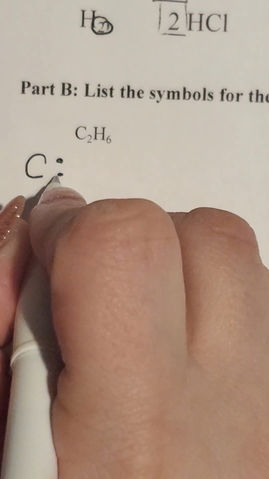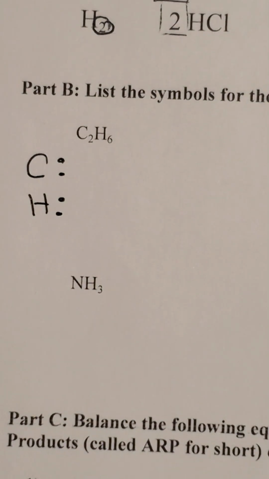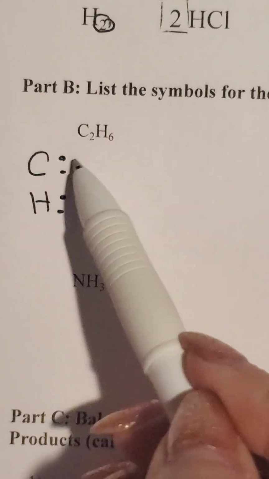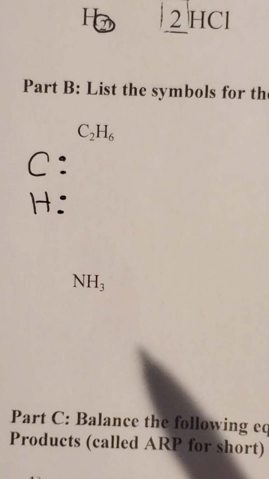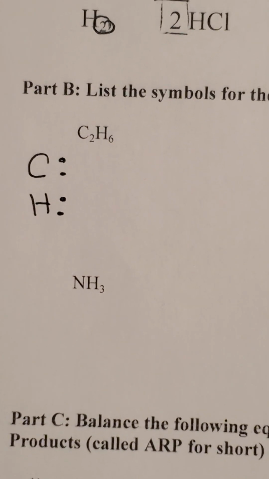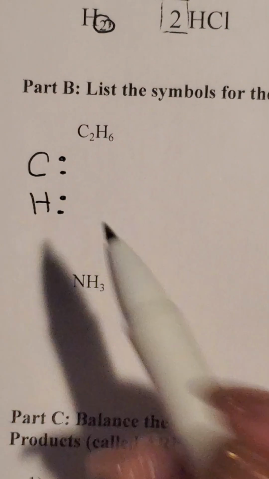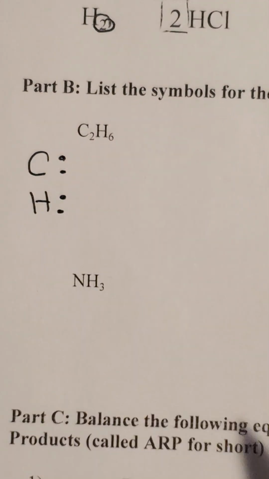Let's list out. We have carbon, C, and we have hydrogen, H. The subscript applies to whatever is directly in front of it, as long as there are no parentheses. Again, thinking in math terms, parentheses means we have to distribute. In this C2H6, I don't have any parentheses.